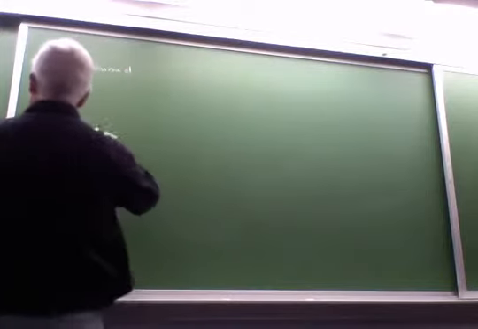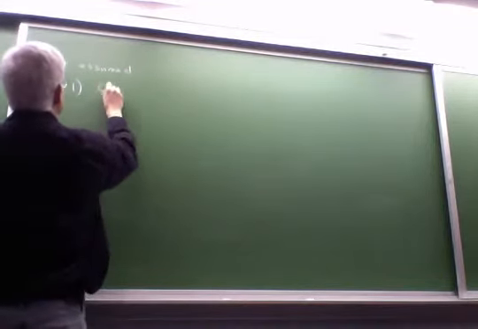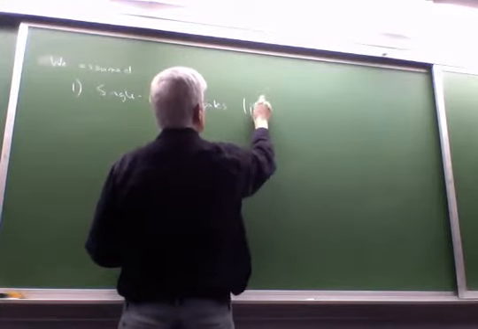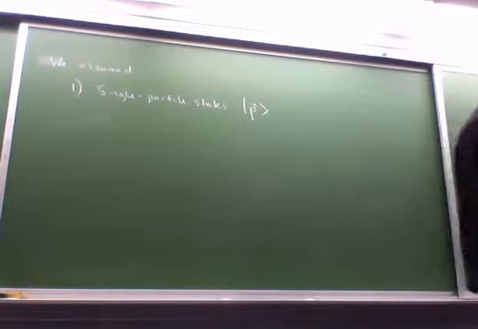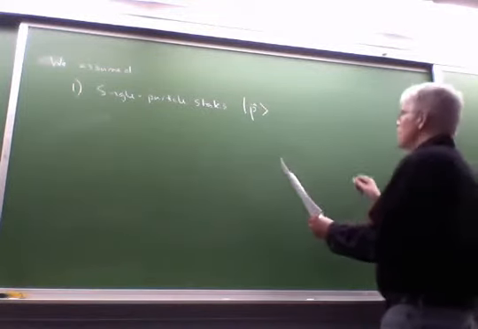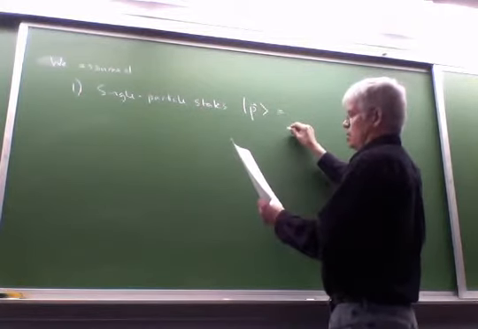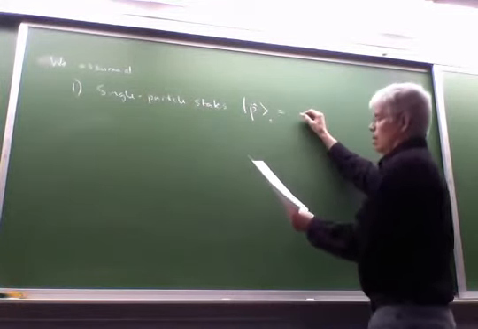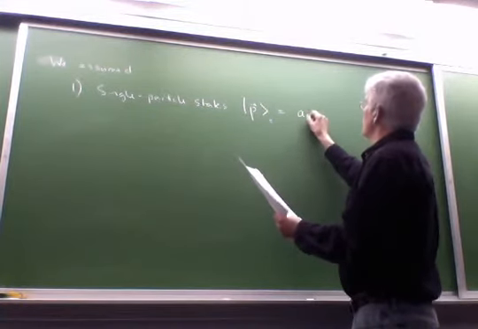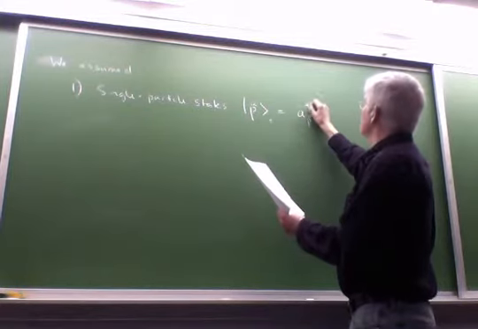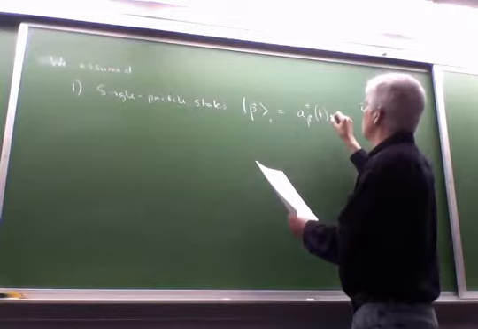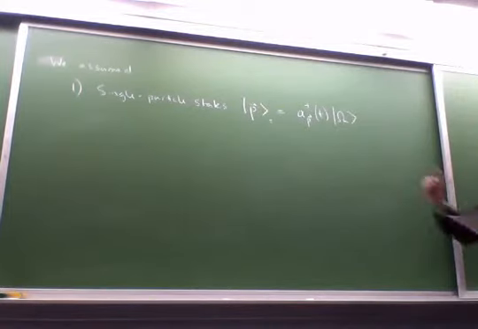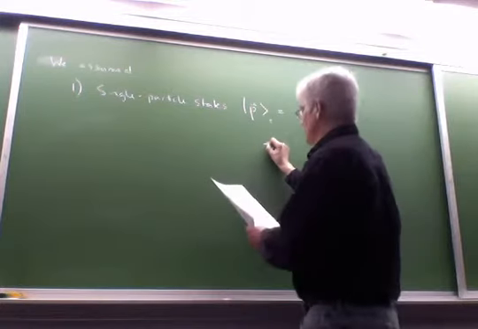Specifically, we assumed that single particle states, which I'll label by their momentum, are obtained by acting with this generalized creation operator, at time t, on the vacuum state, the interacting vacuum, where I wrote this in terms of the interacting field.